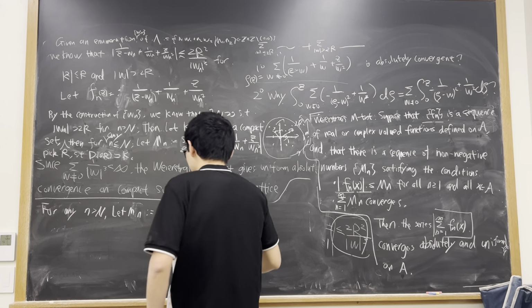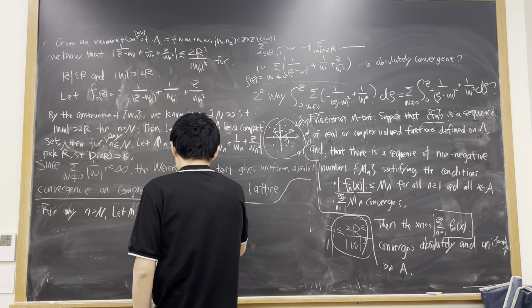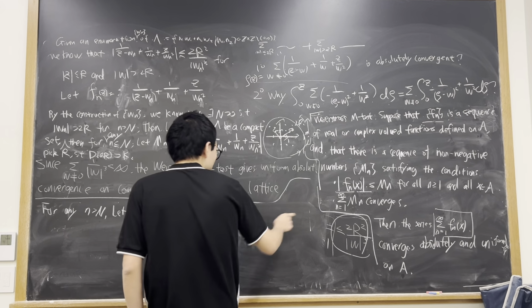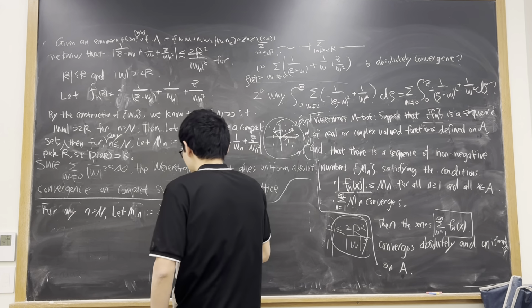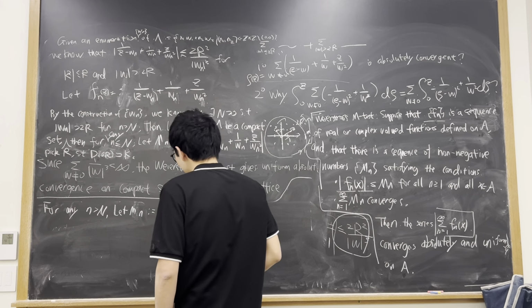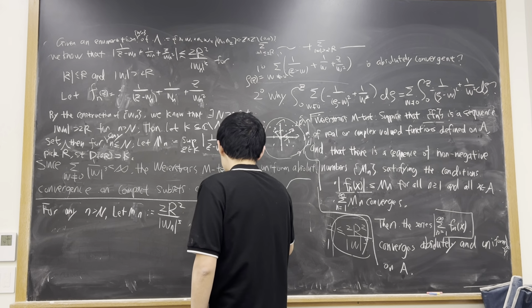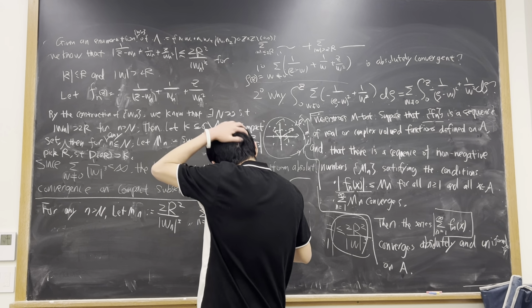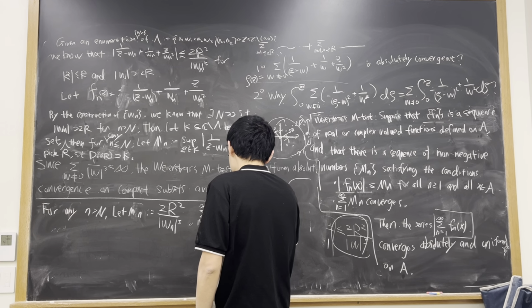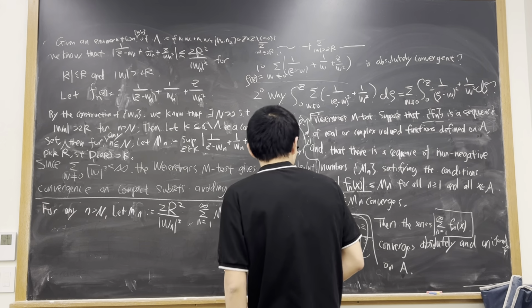So therefore, the sum, and then we need to show that the sum of the elements is convergent, right? So this is equal to, so here I'm doing it in an informal way.